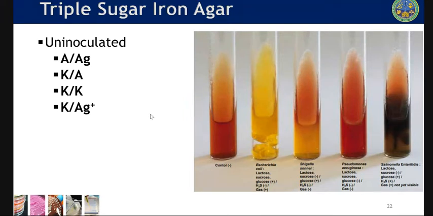That is how you write it in your worksheets later on. It depends on the lab, but this is how we usually write the reactions.